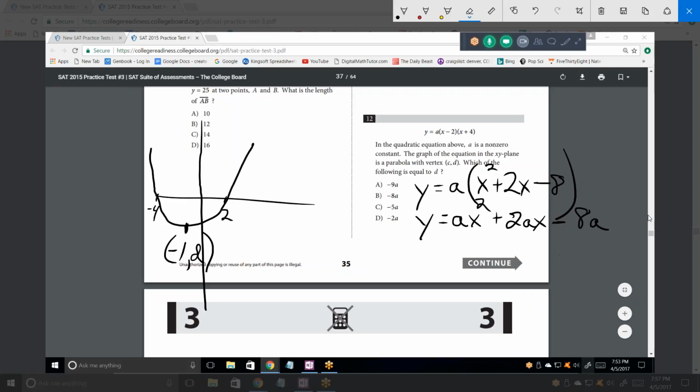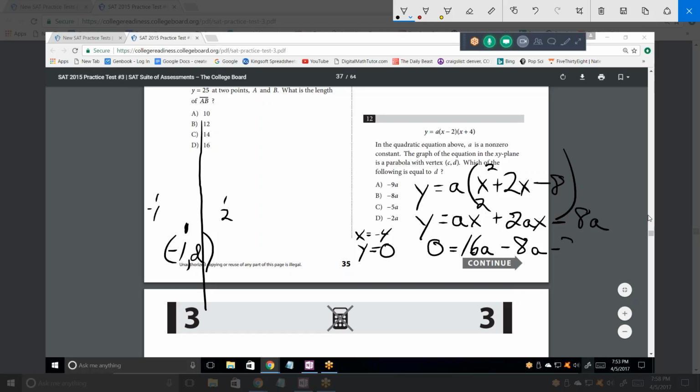In other words, I also know that this point, x equals minus 4, y equals 0, is also on our equation. So 0 equals 16a minus 8a minus 8a, yeah, same thing's going to happen. Huh.